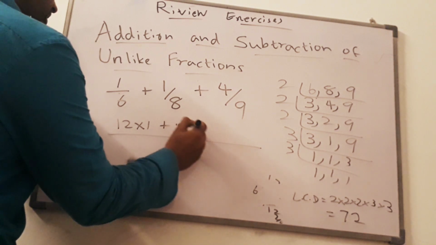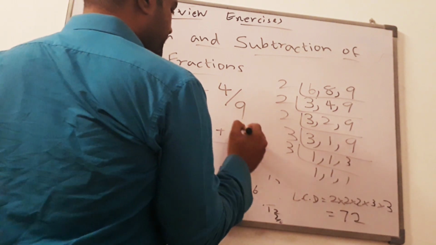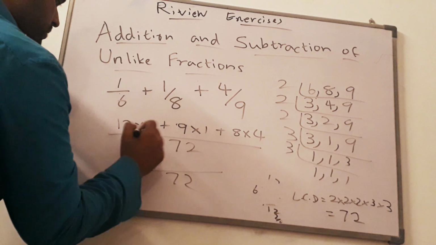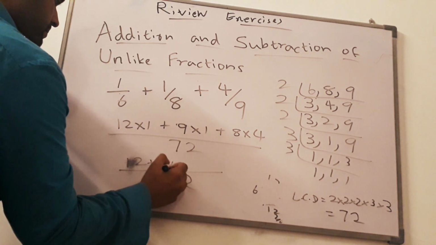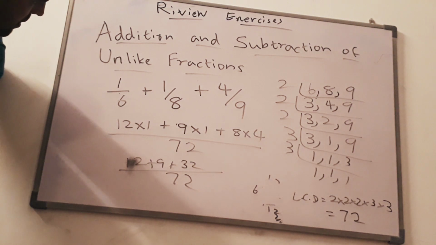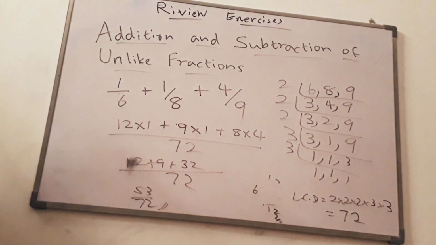So 9 times 1 plus how many 9's? 8 9's. So it is 8 times 4. 12 times 1 is 12, plus 9 plus 32. 53 out of 72 is the answer.